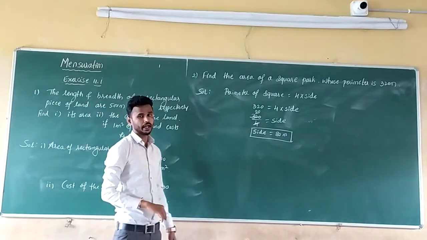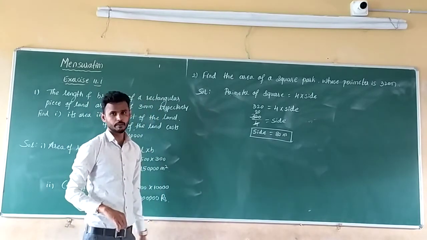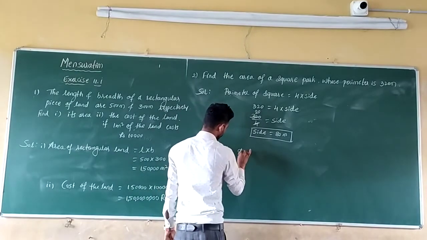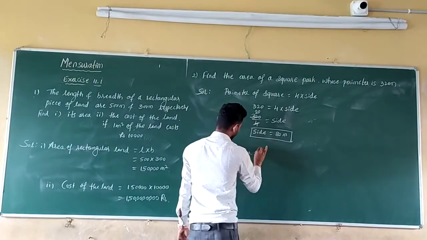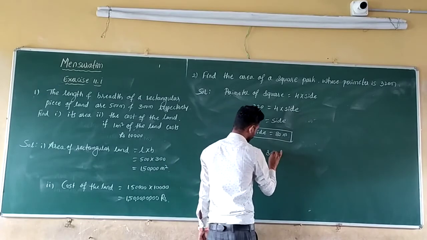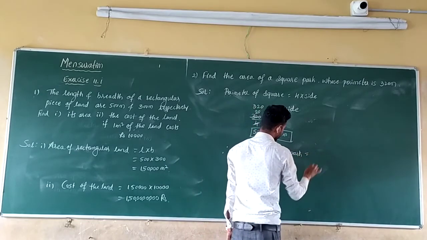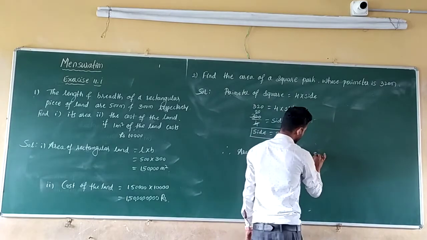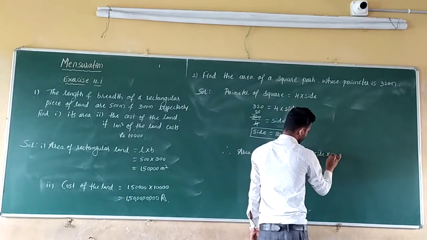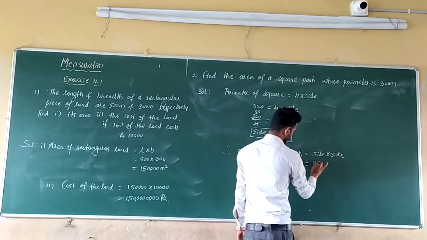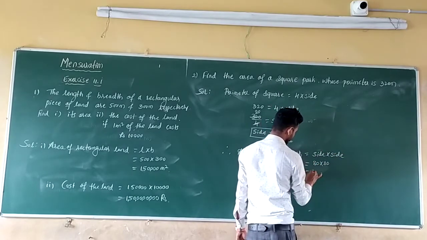Then what do we need to find? Area of the square plot. Therefore, area of the square plot is equal to, the formula is side into side. So how much is the side? 80 into 80.